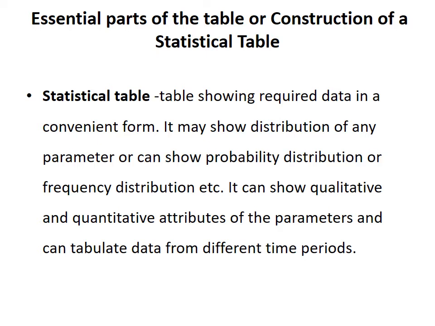Whenever he or she requires the data, they can easily obtain it from the table. It may show the distribution of any parameter, or a probability distribution or frequency distribution, etc. It can show qualitative and quantitative attributes of the parameters and can tabulate data from different time periods.